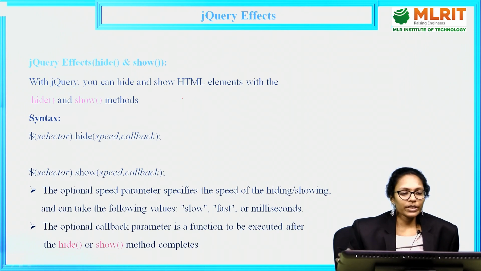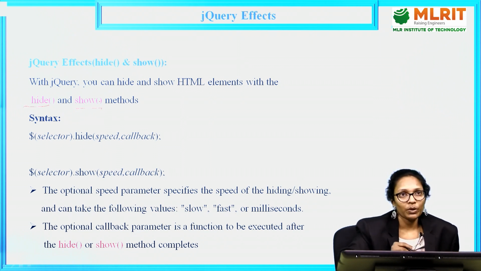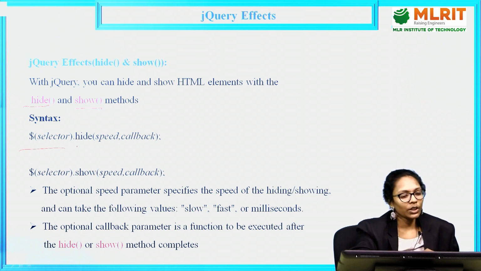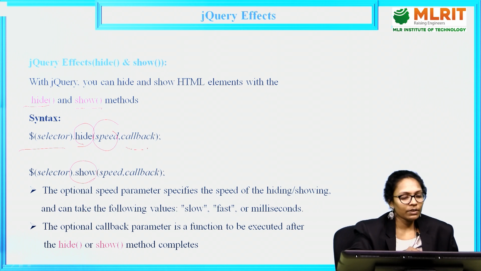So the first one is hide and show. For this purpose, you are using two methods: one is hide and the other one is show. We know the common syntax of jQuery: $(selector).hide() and $(selector).show(). These hide and show functions take two optional parameters. The first one is speed and the second one is callback.